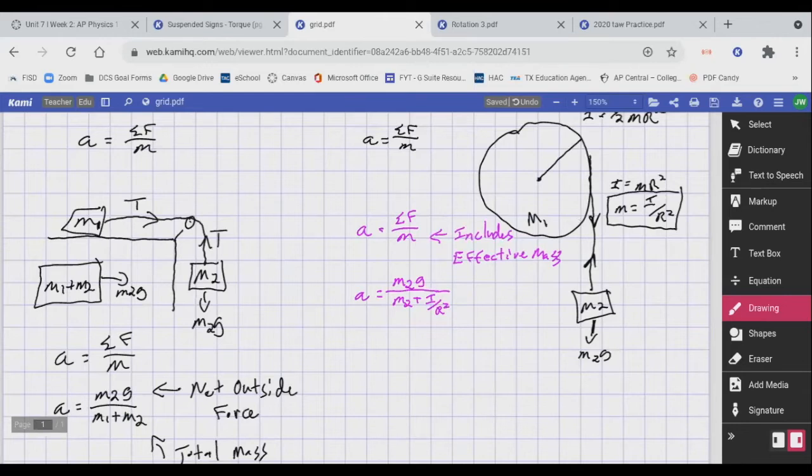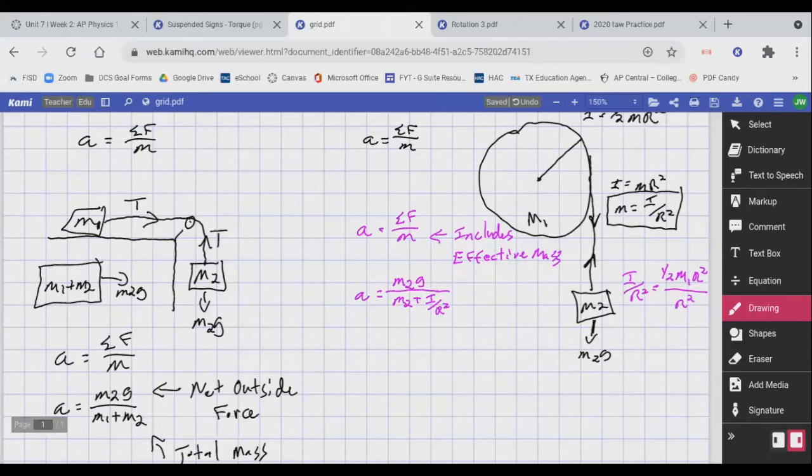We know for this example, let's do this over here on the right, I divided by r squared. For this example, what did we say I was? 1/2 mr squared. So 1/2 m1 r squared divided by r squared.